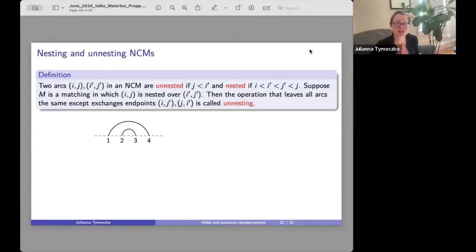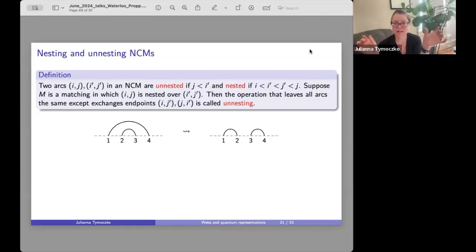Matchings also have a property called nesting and unnesting, kind of self-evident. They are nested if one arc is on top of the other. They are unnested if they are not on top of each other. This is both a property of a matching, how many arcs are nested, is this arc nested or not, and also an operation that you can do on a matching.